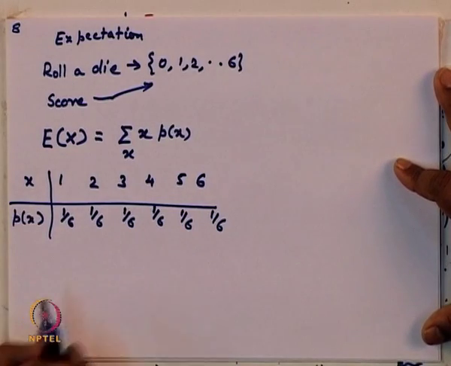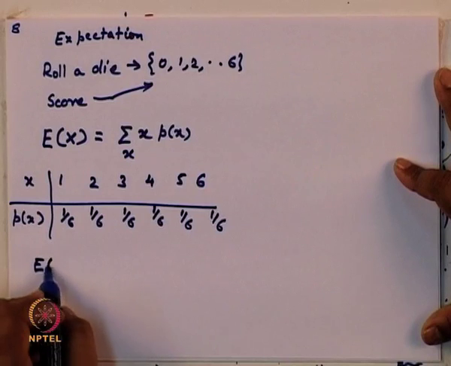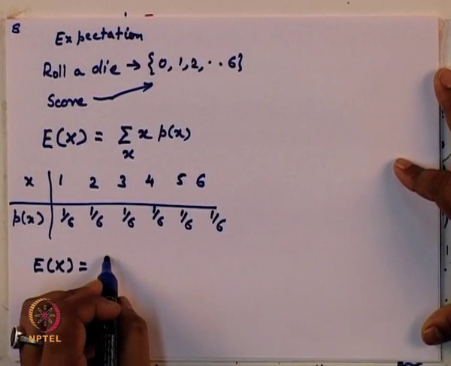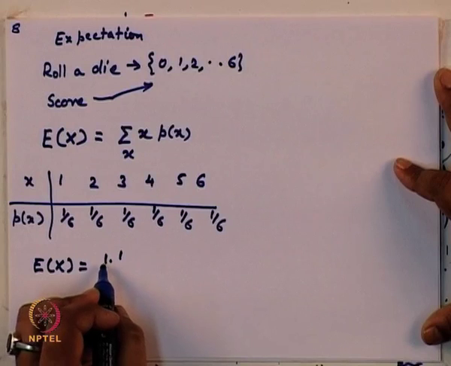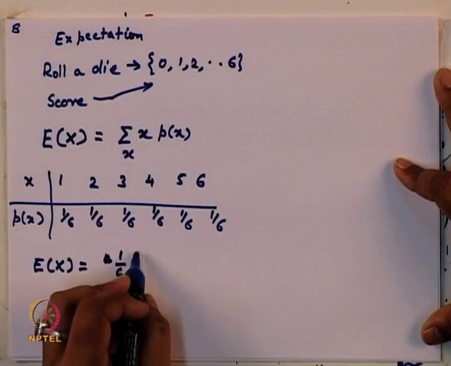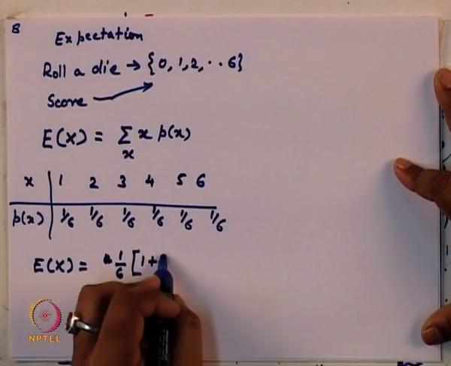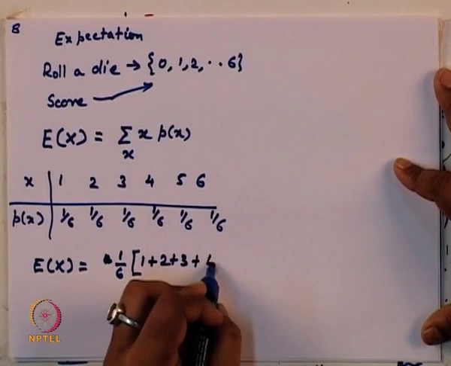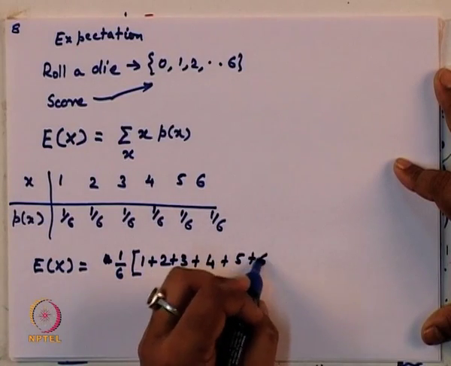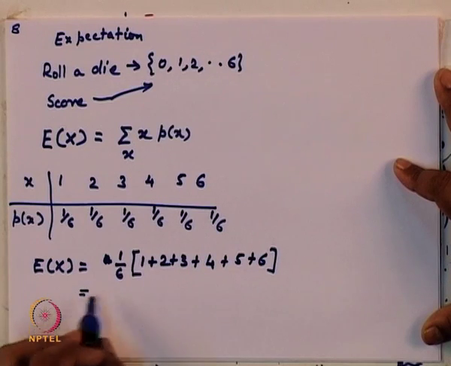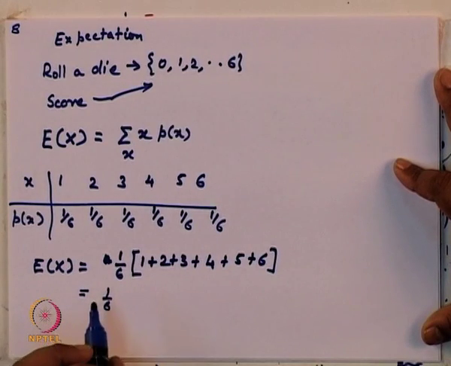So, the expectation for this case will be nothing but, I will take out 1 by 6 in common, 1 plus 2 plus 3 plus 4 plus 5 plus 6. So, what value do I get?